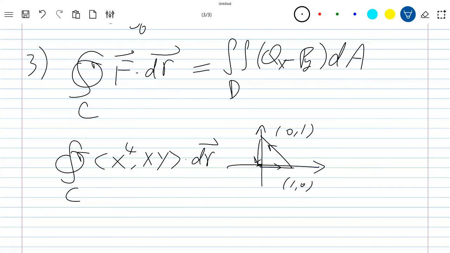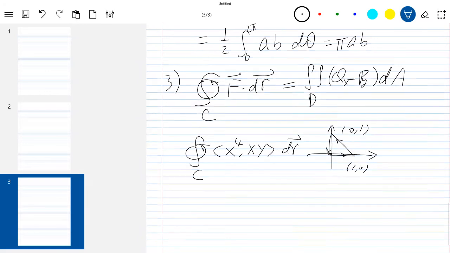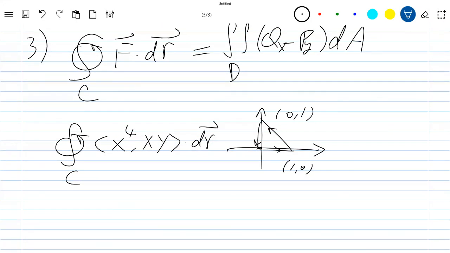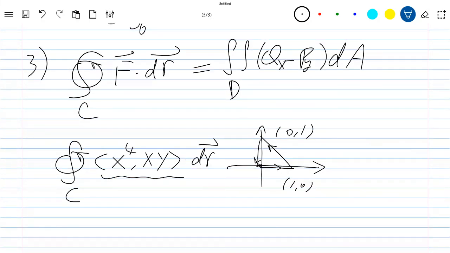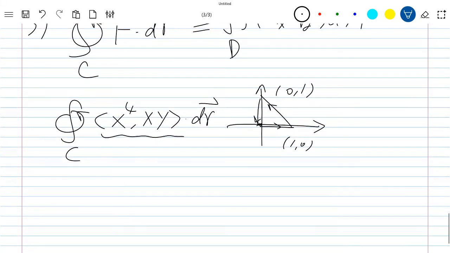And you can check it's indeed counterclockwise, right? Well, if this field happens to be a conservative field or potential field, then you know the result has to be 0, right? Because the loop integral of a conservative field is 0. But even if it's not 0, we can still use Green theorem.